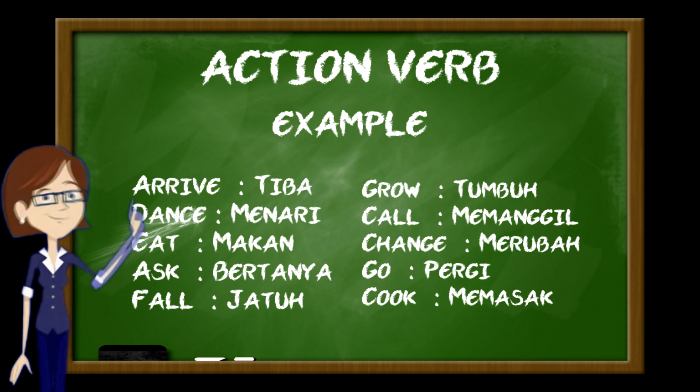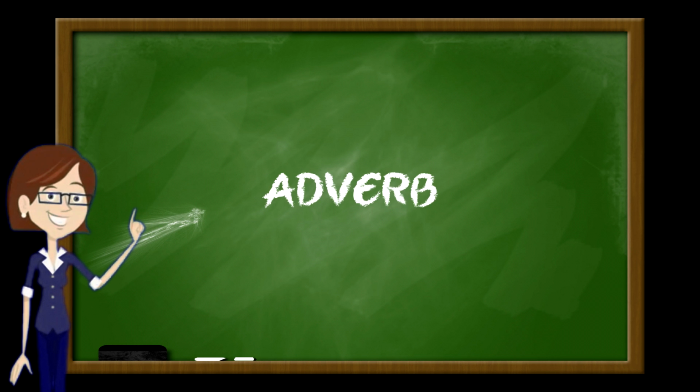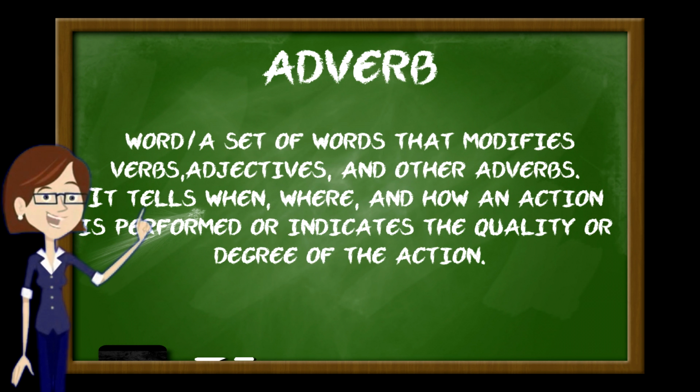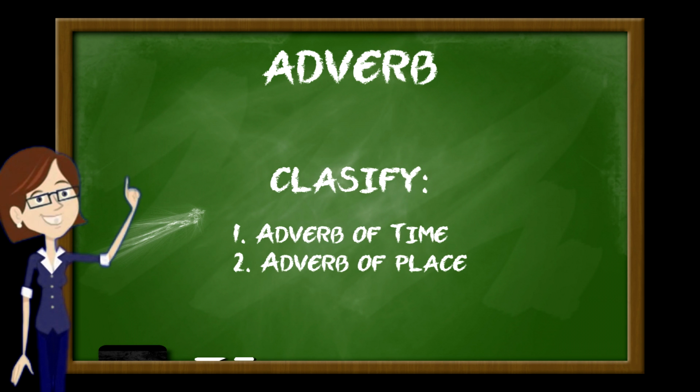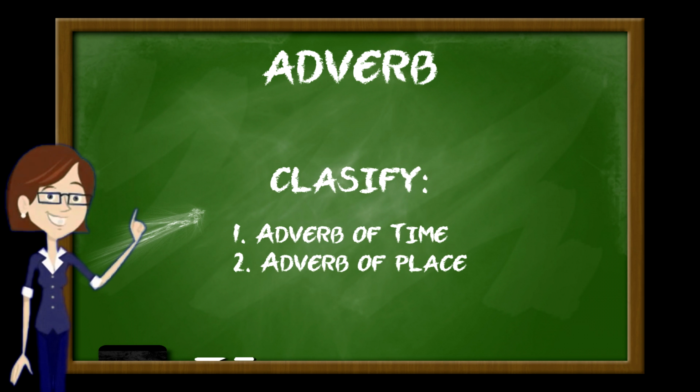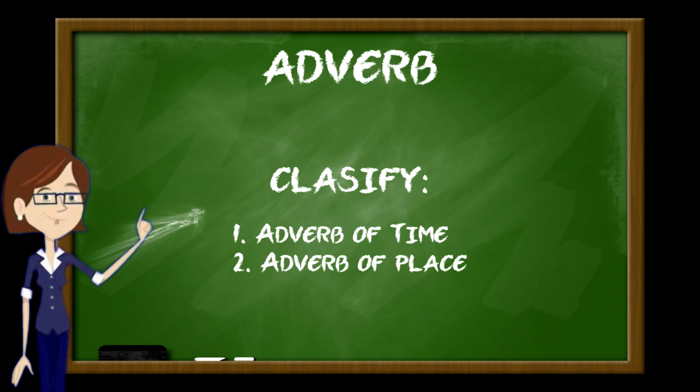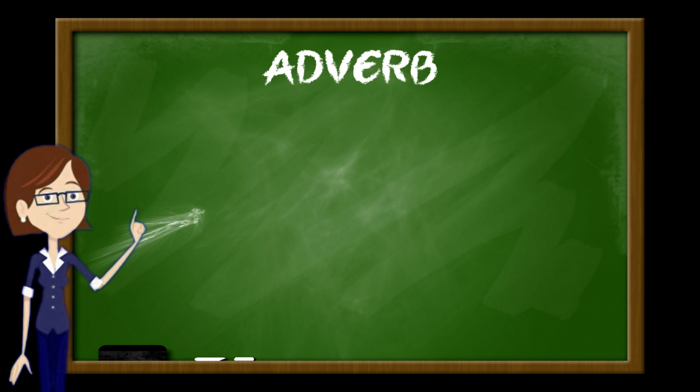The next, let's discuss adverbs. An adverb is a word or a set of words that modifies a verb, adjective, or other adverbs. It tells when, where, and how an action is performed, or indicates the quality or degree of the action. There are two kinds of adverbs. The first is adverb of time and the second is adverb of place.